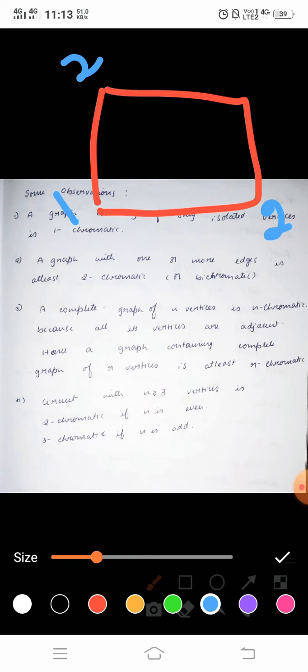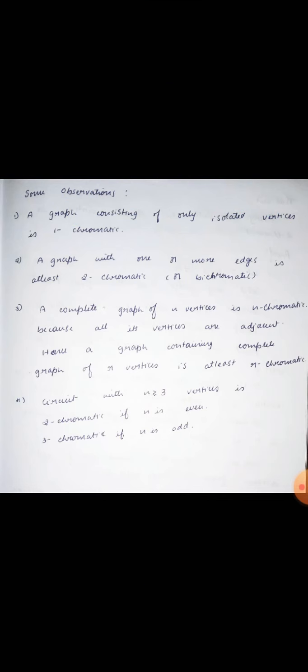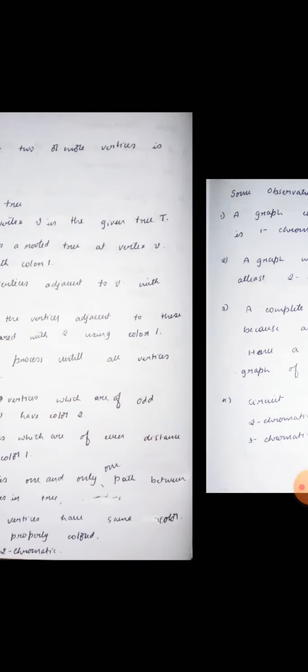Here I can paint with color 1 because this is not adjacent to the vertex colored 1. The minimum number of colors required to paint this graph is 2, so this graph is 2 chromatic. If you take any circuit with an even number of vertices, it is 2 chromatic. You can check using examples.